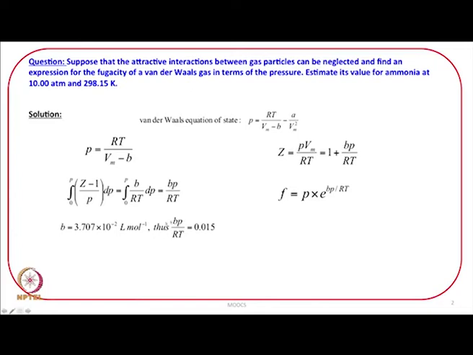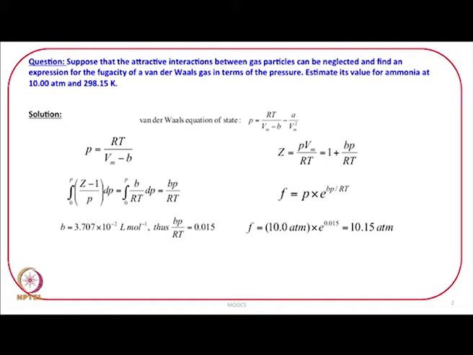And when you calculate, it will turn out to be 0.015. And then if you substitute in this, f is equal to pressure into exponential bP over RT. We know pressure is 10 atmosphere, bP over RT is 0.015, the answer comes to be 10.15 atmosphere.